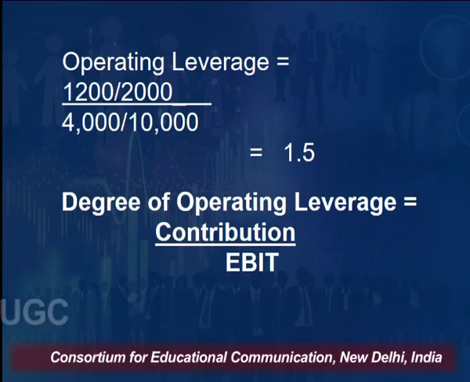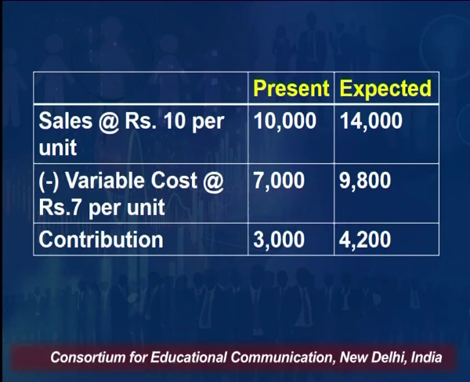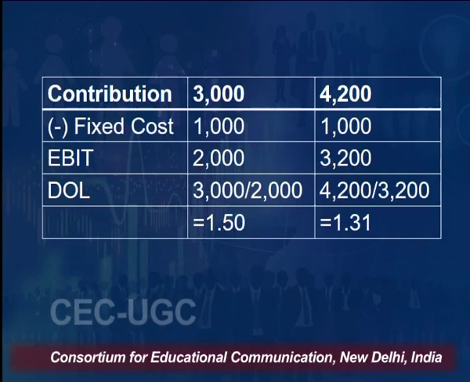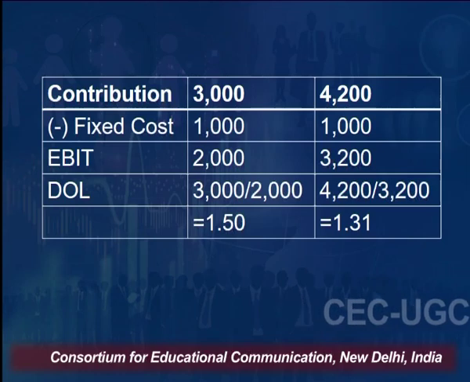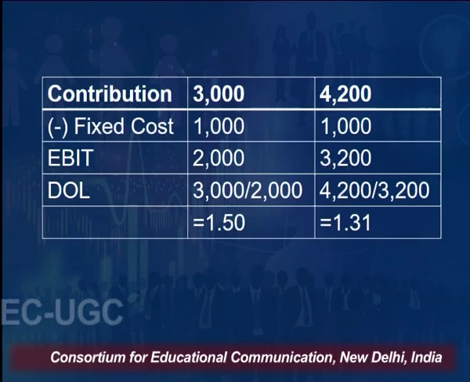Degree of operating leverage may also be calculated by using this formula, wherein we divide contribution by EBIT. Using the same example, we have calculated contribution of rupees 3,000 and 4,200 in the previous example itself. And we have deducted the fixed cost from this, which is 1,000 in both cases. We get the EBIT value, that is 2,000 and 3,200. This is the same example that we are discussing so far.